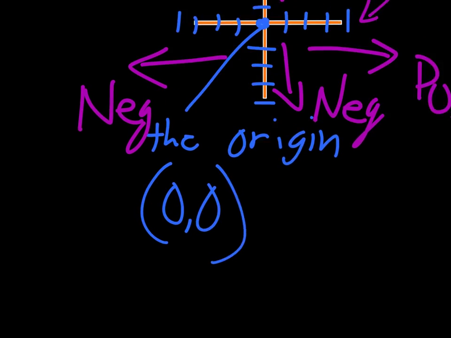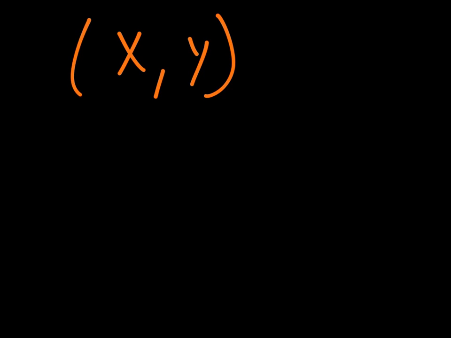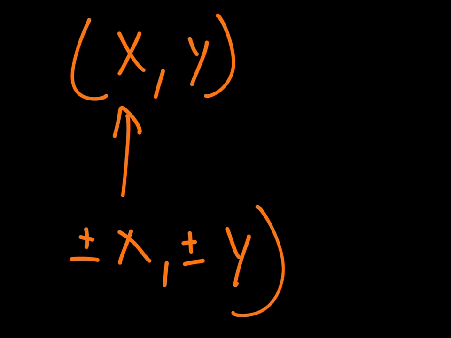Now, in terms of a coordinate, you label the coordinate as (x, y) with parentheses around it, okay? The x can be positive or negative. The y can be positive or negative. And you always graph with the x first, okay?